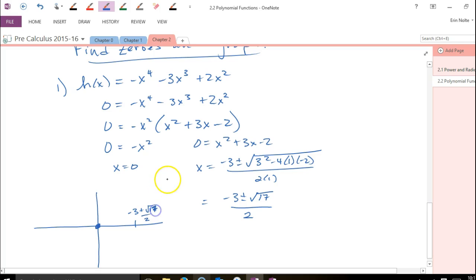Anybody know what that is as a decimal? Maybe we should throw that in there really fast. Well, that's right. I'm going to throw this in the calculator. So it's 0.56 and yeah, well, what about when you take it without a graphing calculator, how about that?